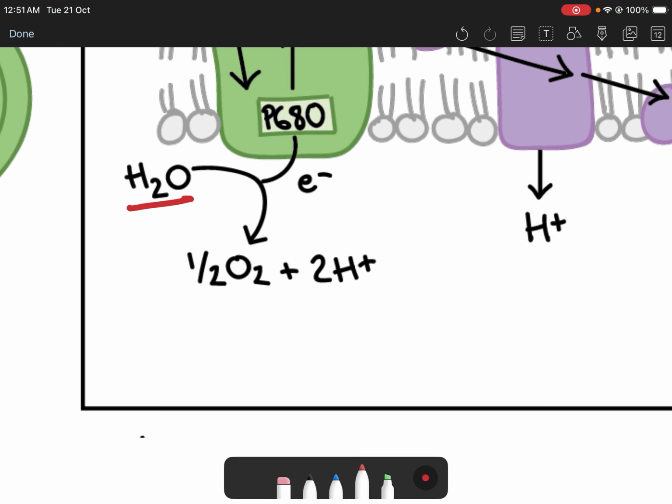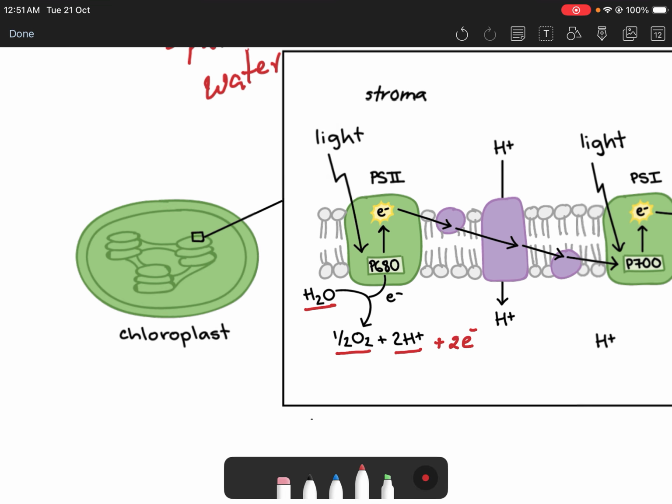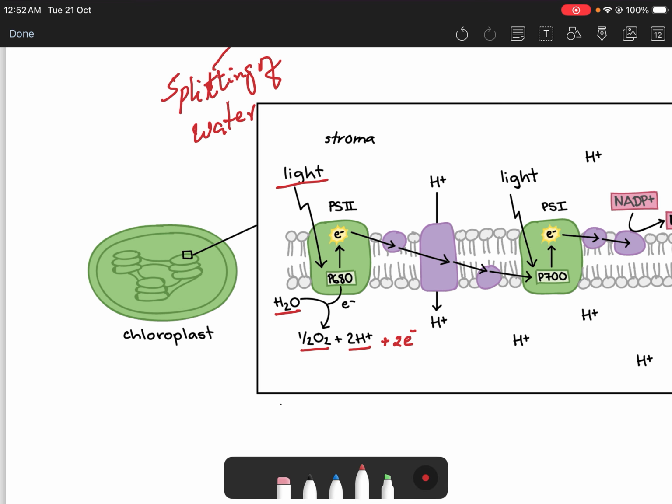So you have water, it breaks down into oxygen, protons, and along with that you should know plus electrons. If it is 2 protons, you will have 2 electrons. If it is 4 protons, you will have 4 electrons. These are the major products of the first step, when the light hits.